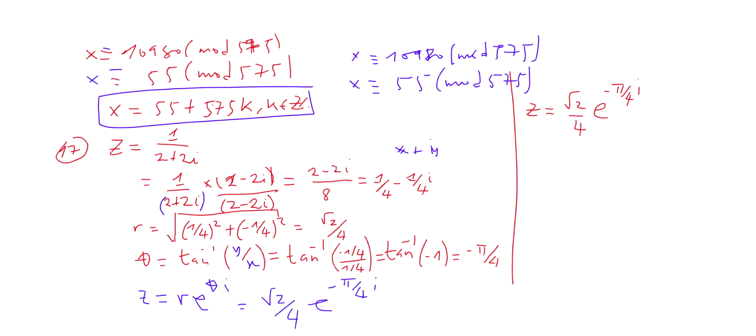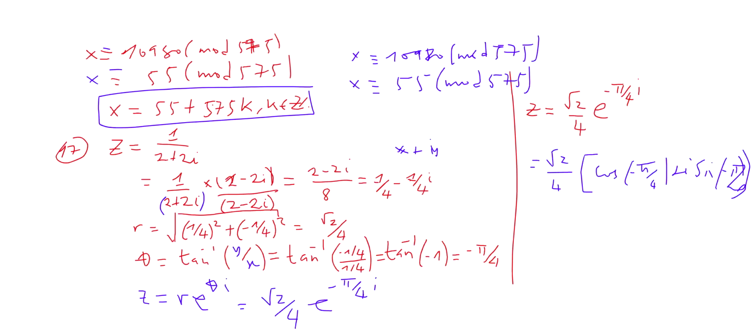Of course, you can also write this in a polar form, which is going to be cos minus pi over 4 plus i sine minus pi over 4. So one needs to understand how to go from polar to exponential and then backwards as well.